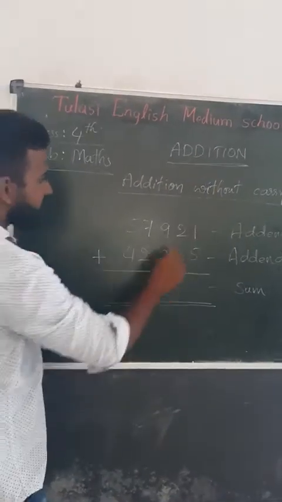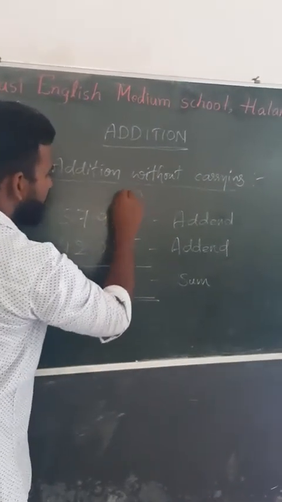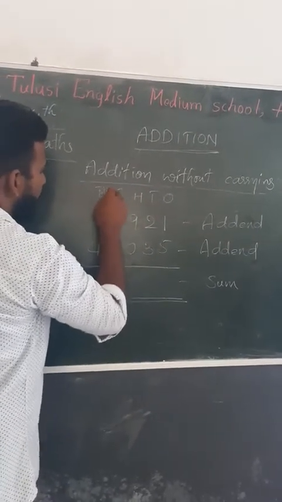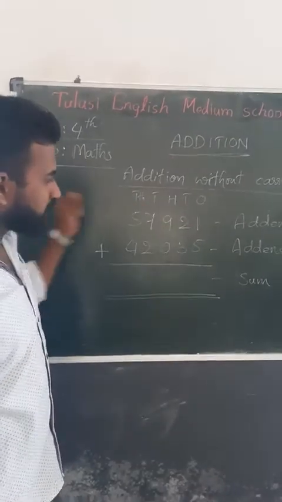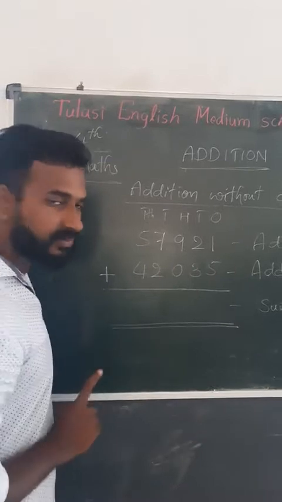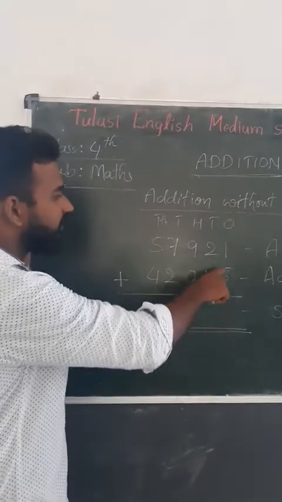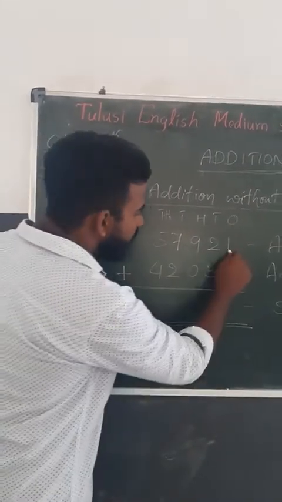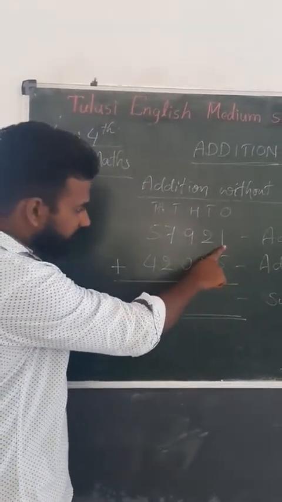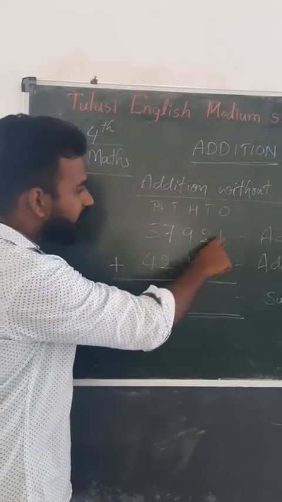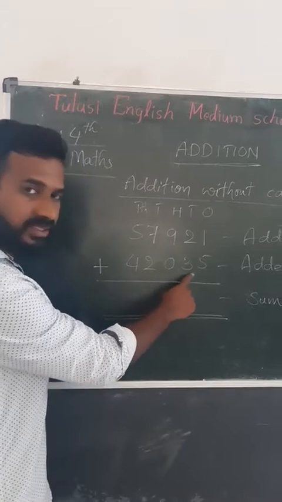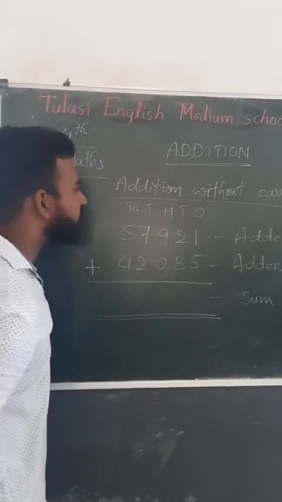See, let us start from ones, tens, 100, 1,000, 10,000. We have to start from the rightmost place, that is ones. Addition or subtraction, whatever, we start from the ones. In 57,931 there is 1 in the ones place. In 42,035 there is 5 in the ones place.